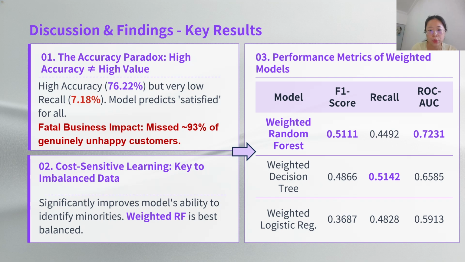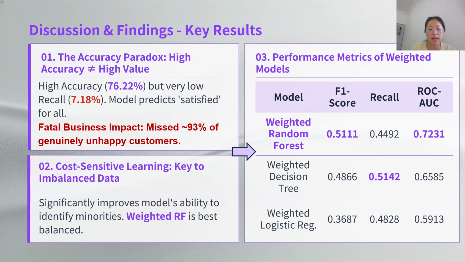To fix this problem, as shown on the bottom left, I introduced the cost-sensitive class weighting to force the models to focus on the minority class. Now, please direct your attention to the performance table on the right. The improvement is clear. The weighted random forest emerged as the most balanced model overall, achieving an F1 score of 0.5111 and an ROC-AUC of 0.7231.